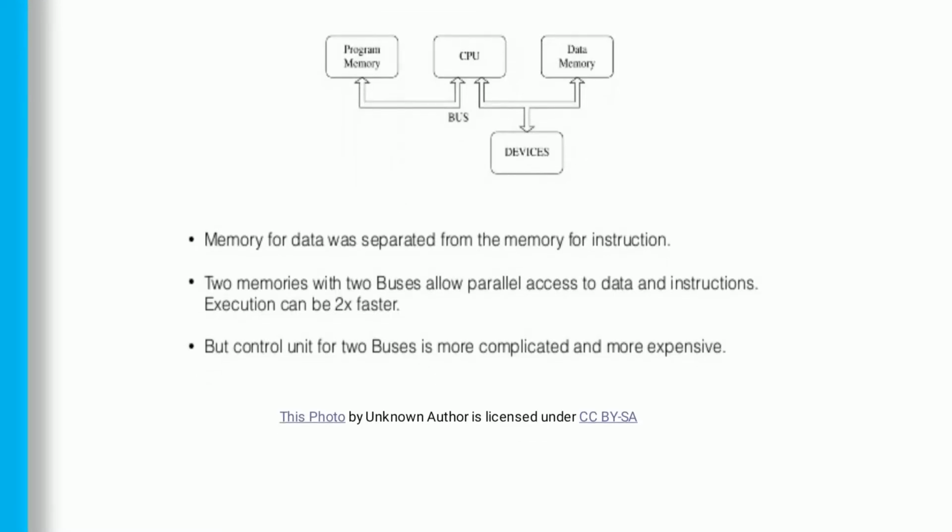Here, memory for data is separated from memory for instructions. In the previous Von Neumann architecture, instructions and data are in the same place inside the memory. But in Harvard architecture, instructions are in one place and data in another place. Then both come together for the work. So it is not like Von Neumann architecture. This is about Harvard architecture.